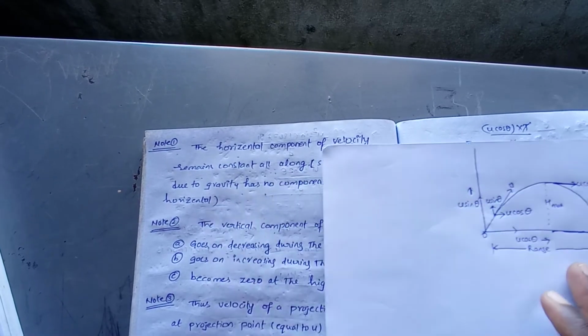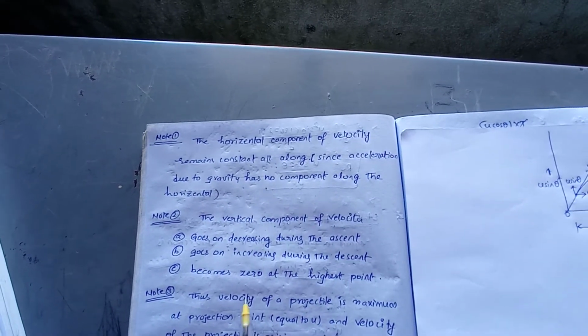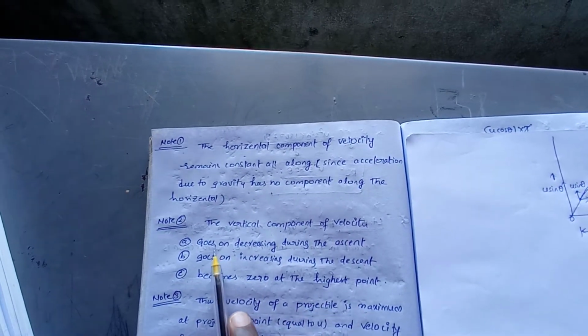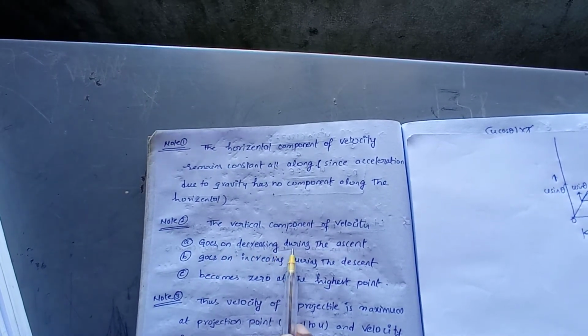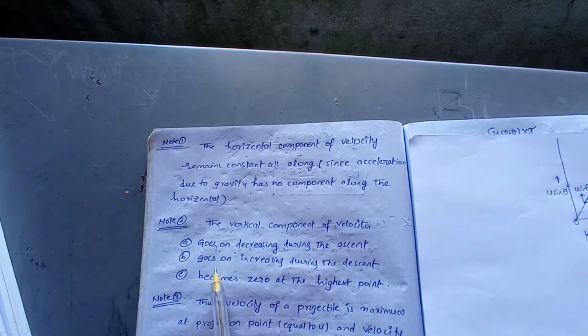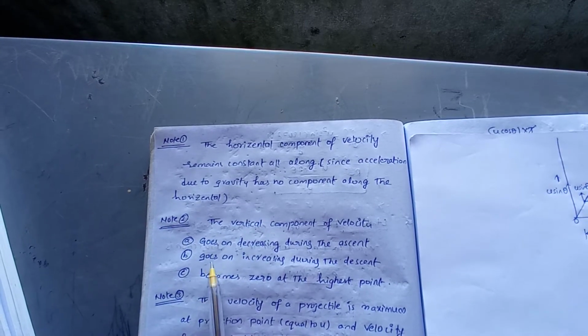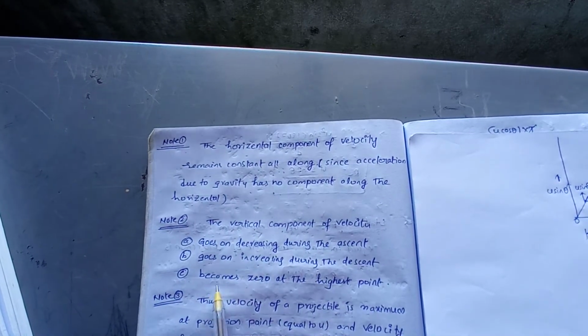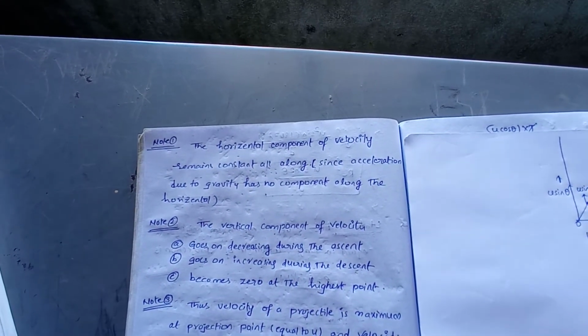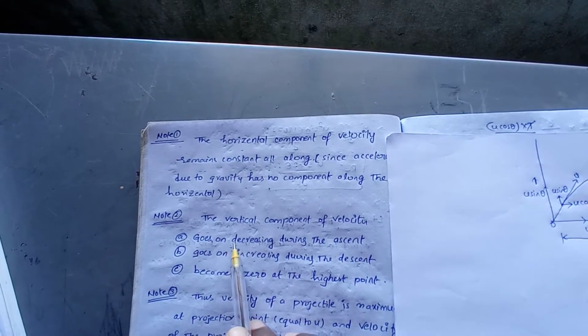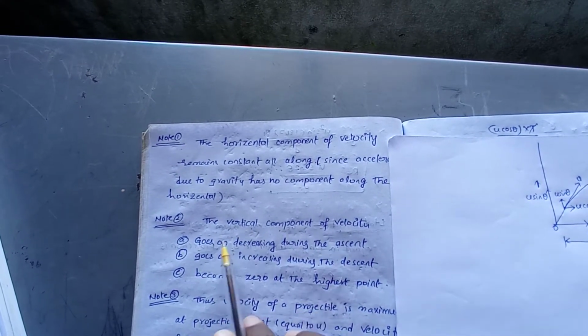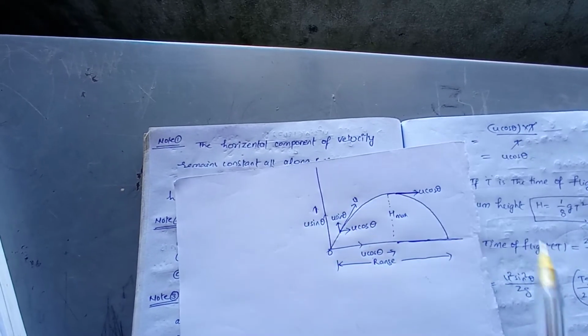So what is the next point? Next point is the vertical component of velocity goes on decreasing during the ascent, goes on increasing during the descent, and becomes zero at the highest point. The vertical component of velocity goes on decreasing.